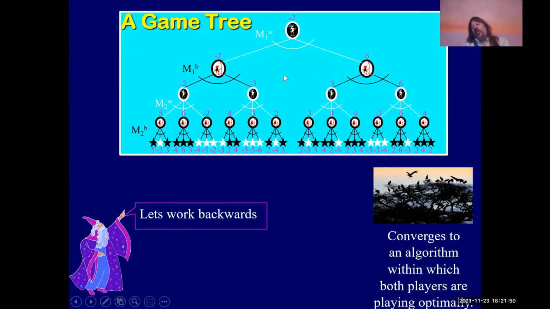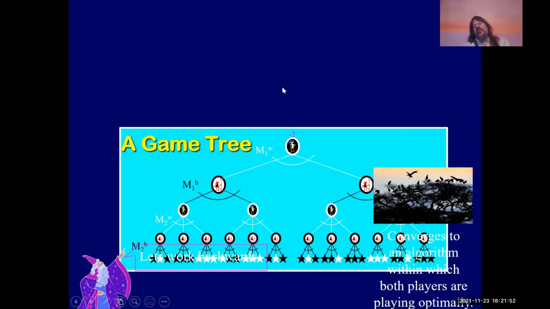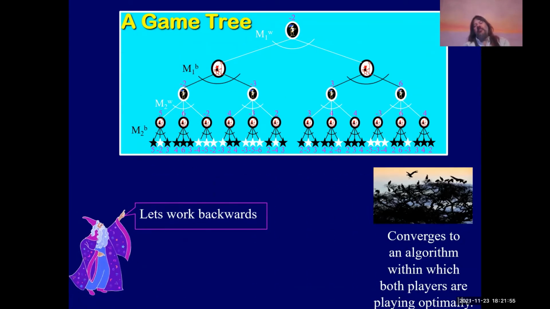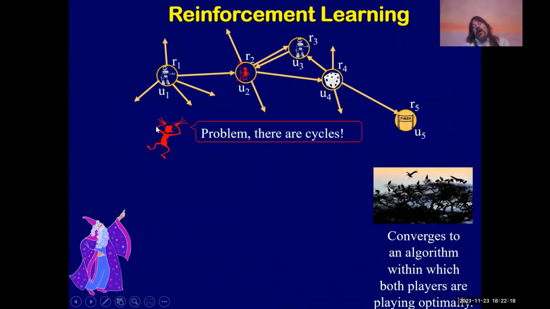But what I'm showing here in this picture is that if you added in a timestamp so you knew that the game doesn't cycle, then it's well defined what the R values are coming backwards. And then our little frustrated guy is going to say, yeah, but there are cycles.